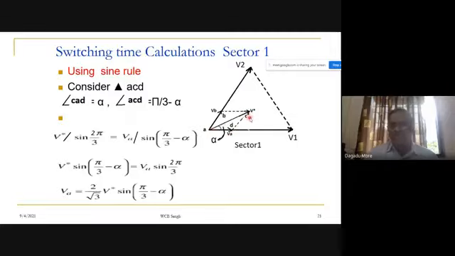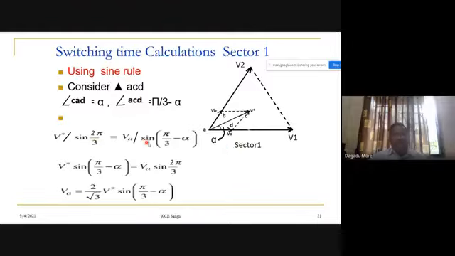The sine rule says: a side divided by the sine of the angle in front of it is equal to another side divided by the sine of its angle. So here, V star divided by the sine of the angle in front of it, angle D or ADC, which is 2 pi by 3, equals VA divided by sine of pi by 3 minus alpha.